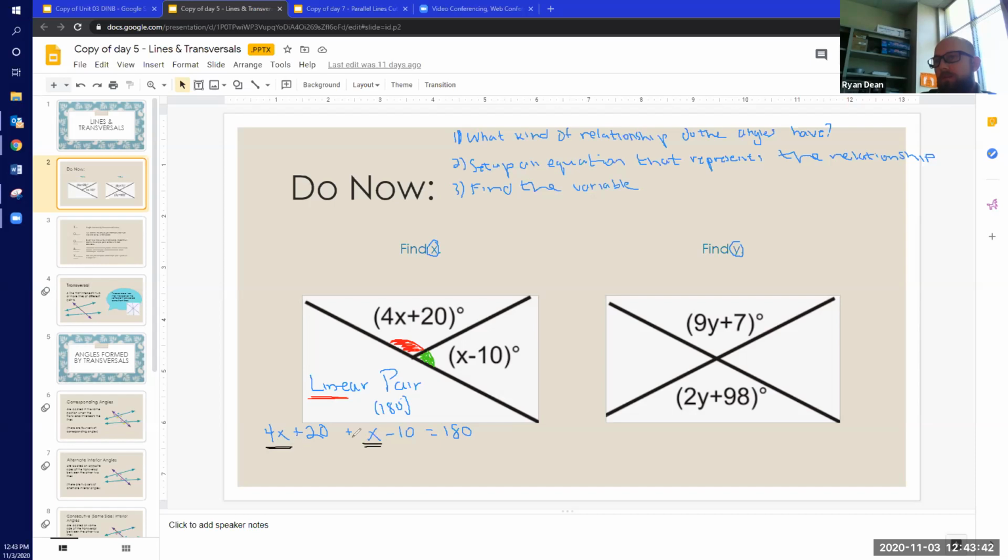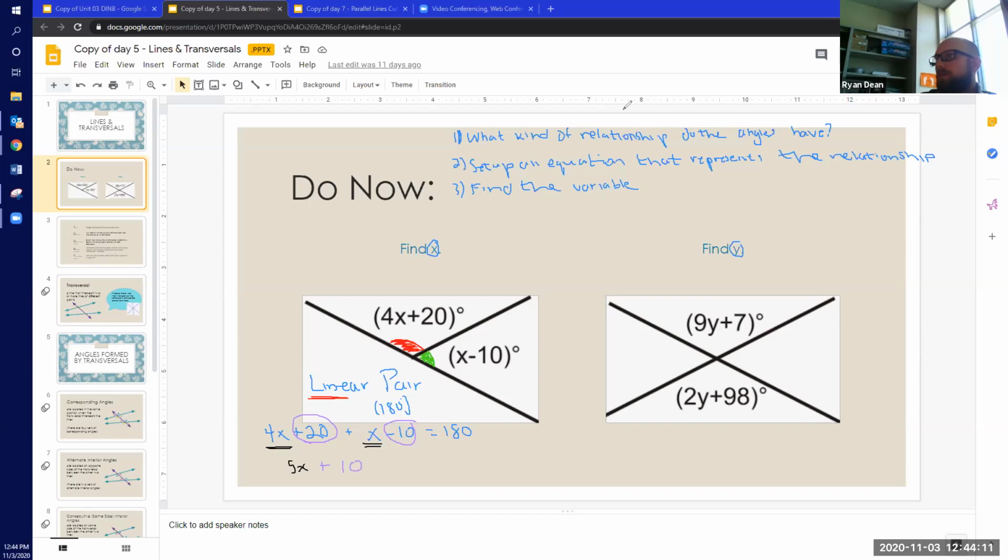So we have 4x plus x, which gives us 5x. Now I'm going to take the same idea with the numbers and circle them. I have a positive 20 and a negative 10. When I combine them together, that gives me a positive 10.